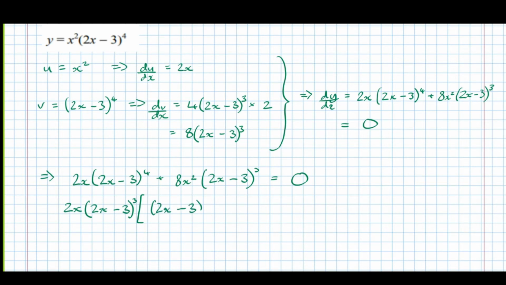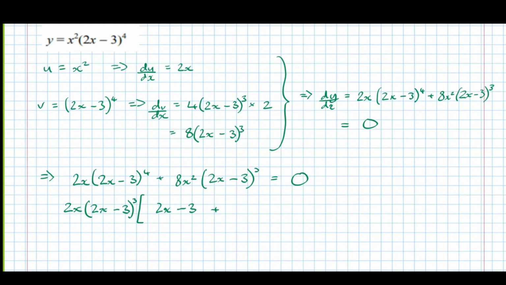So now if I times that by that, I get 2x times 2x minus 3 to the power of 4. But one thing to note, these brackets aren't necessary. I'm still timesing this by this with or without the brackets. So I'm not going to write the brackets in. Then there's a plus sign.